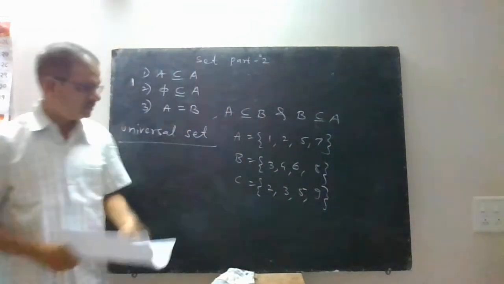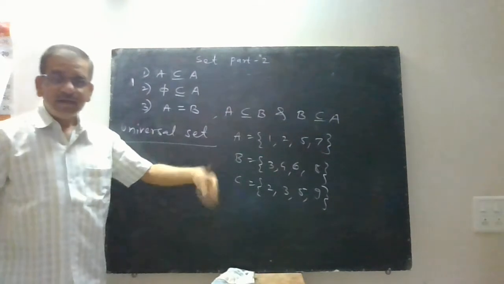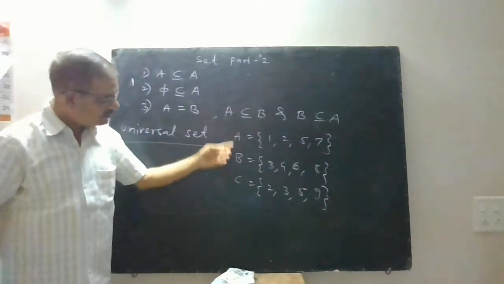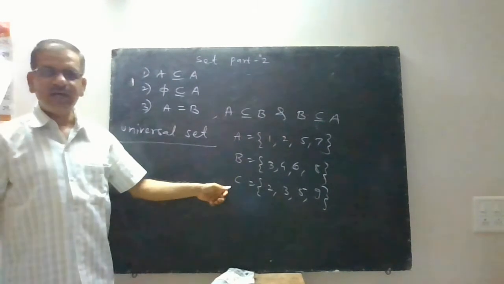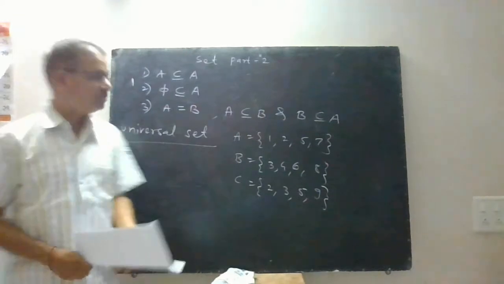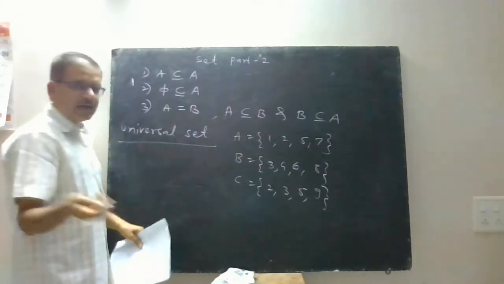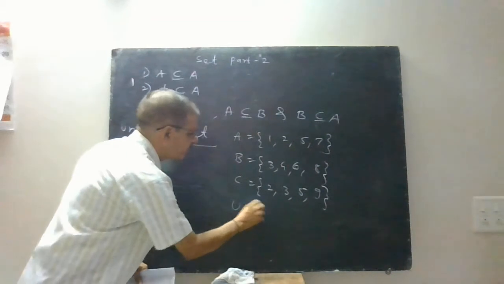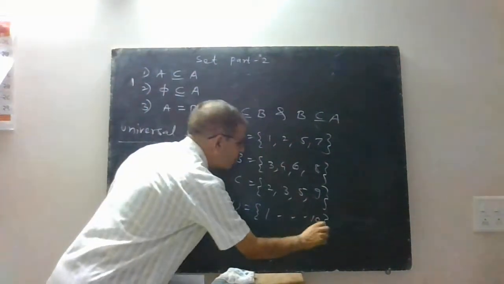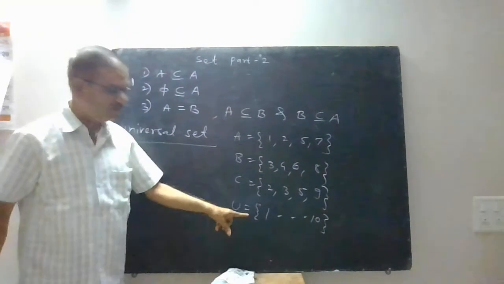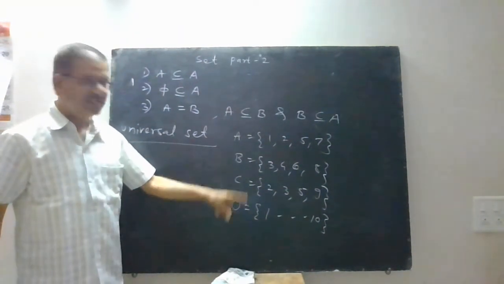Then a bigger set such that these three sets under consideration are subsets of that bigger set, that bigger set is called a universal set. Now suppose you consider a set U, 1 to 10. Now you can easily observe that A is a subset of U, B is a subset of U, C is a subset of U.